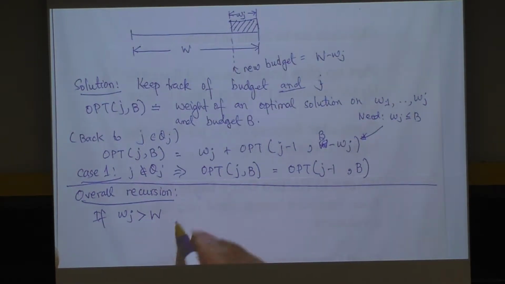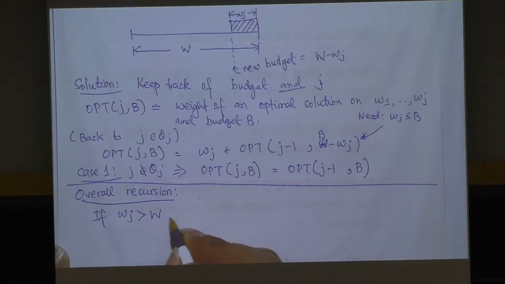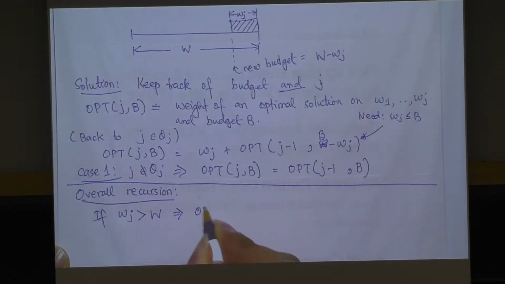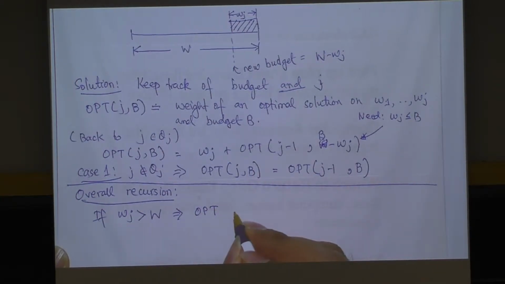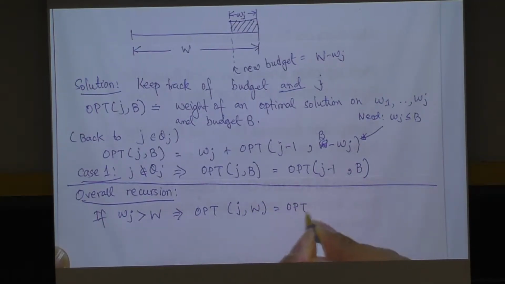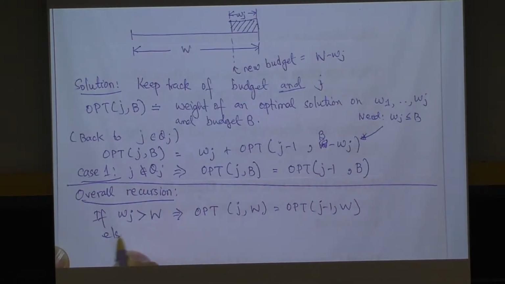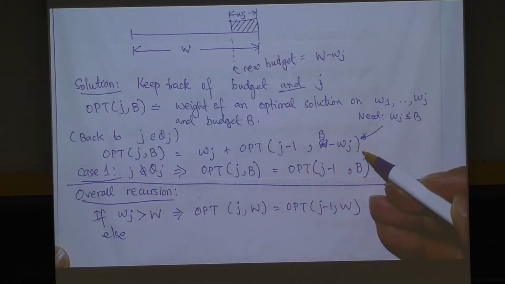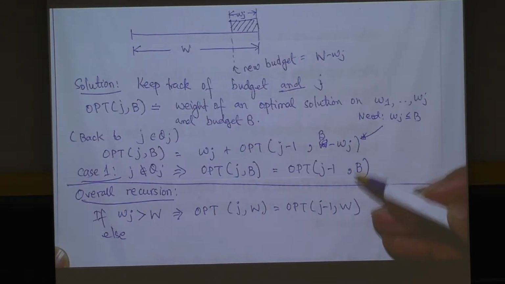If Wj is strictly bigger than the budget W, then opt of J comma W is equal to opt of J minus 1 comma W. Else, we have either this case or this case, and we take the max of both.